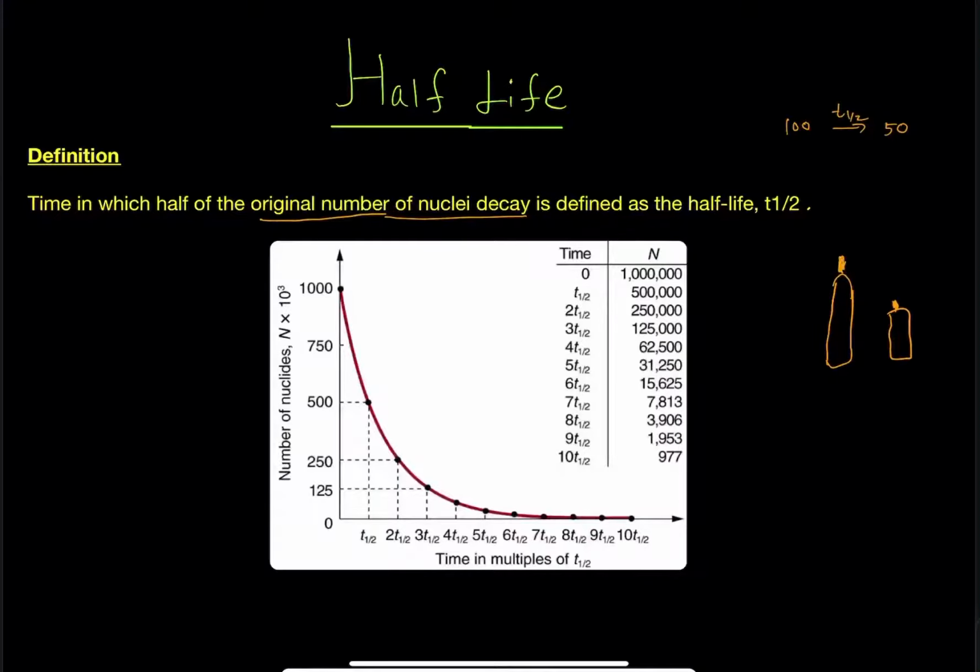Initially we have this much, and after a certain time it is half of the original candle. The time that it takes to become half of that original amount is called the half-life. However you want to think, that's the definition of half-life.